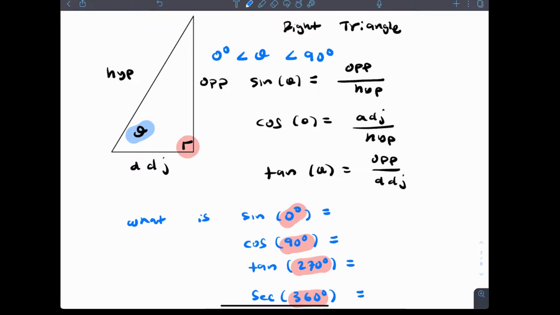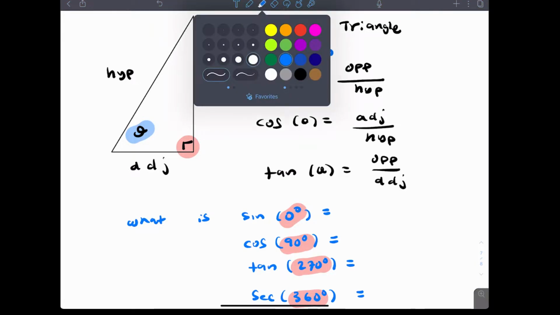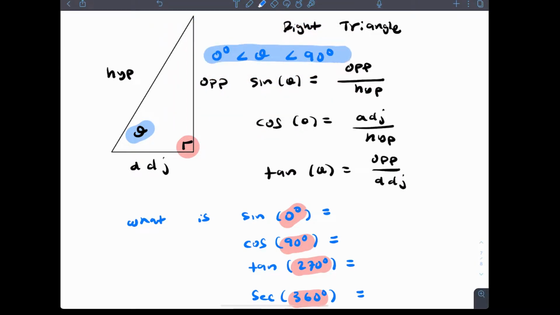It's between them. So this is what geometry focuses on, ladies and gentlemen: angles that are between 0 and 90 degrees, because it's in reference to that angle there. It can't be 0. It can't be 90. It has to be between, and that's geometry, so you're working with that.